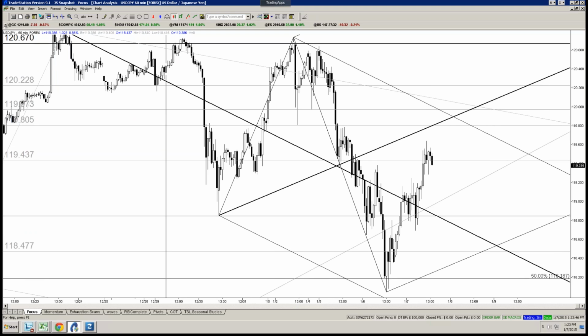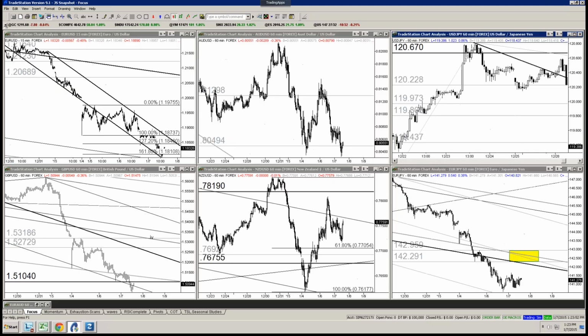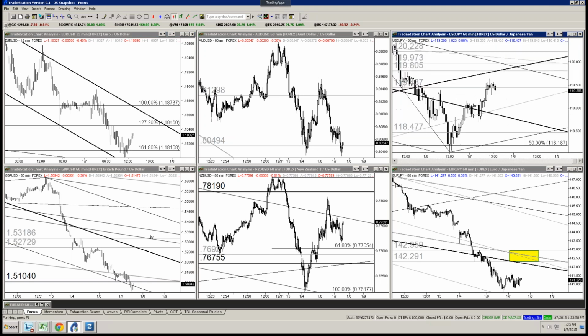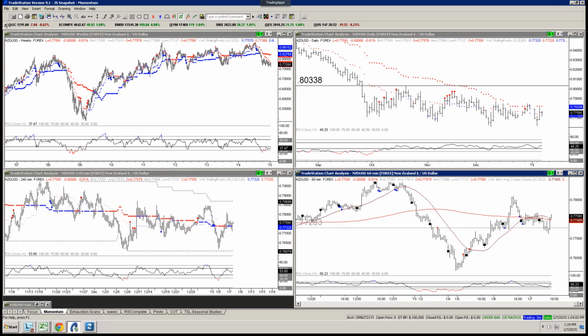And finally, you've obviously got this upper parallel up here, where you can see the lower parallel yesterday didn't quite get there. Remember, we went long yesterday at 118.80 intraday with a 118.60 stop.